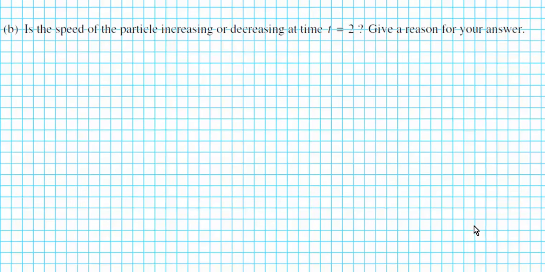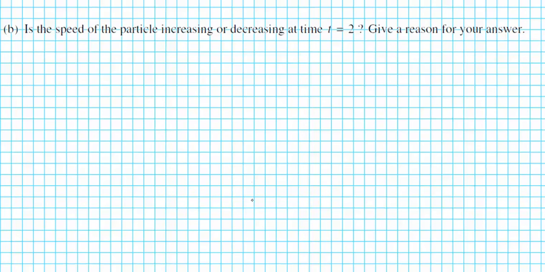All right, let's take a look at question number 3b. It says, is the speed of the particle increasing or decreasing at time t equals 2? Give a reason for your answer. Okay, so you gotta remember the rule concerning how to determine the behavior of the speed.